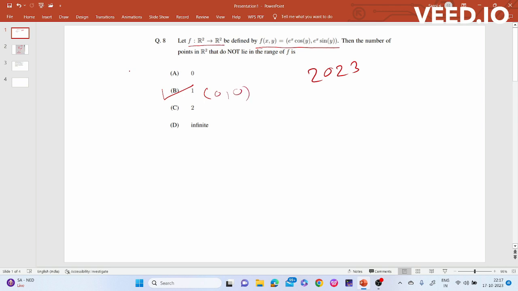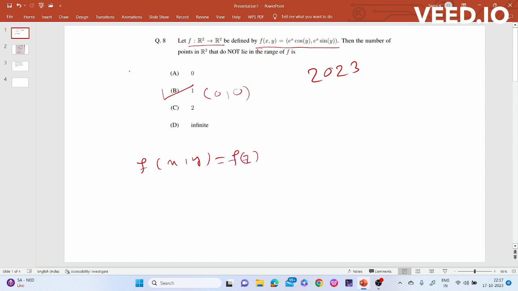Okay, this was an analytical answer. But if we closely look at this question, then you will identify that f of xy is nothing but f of z.